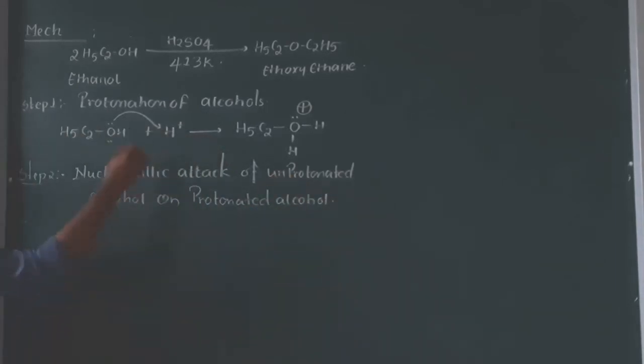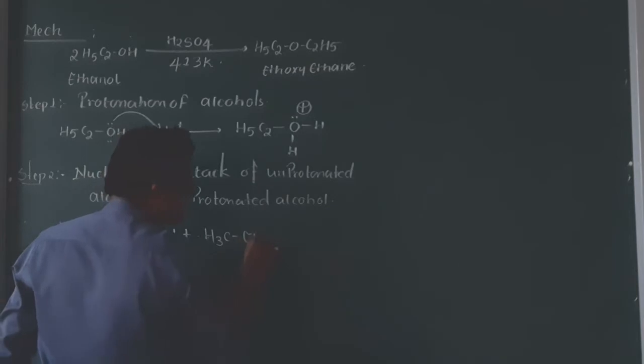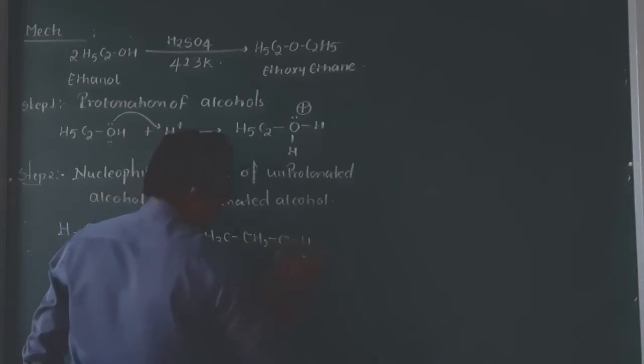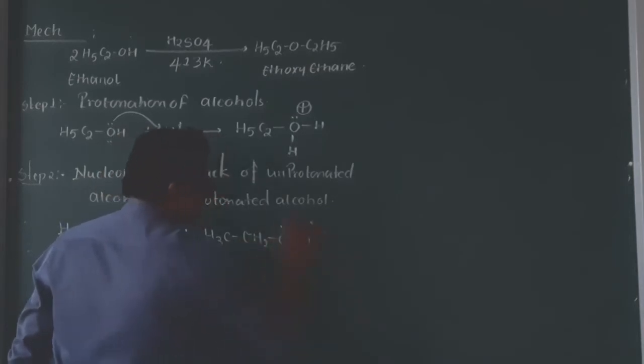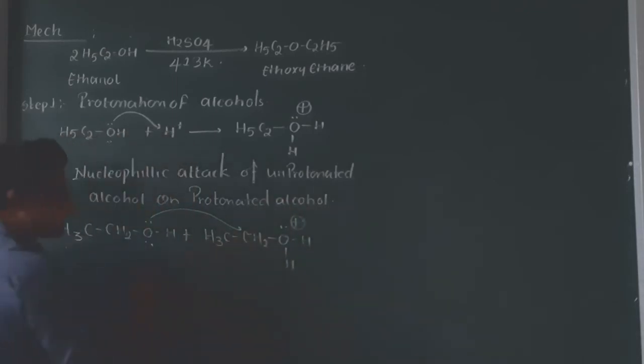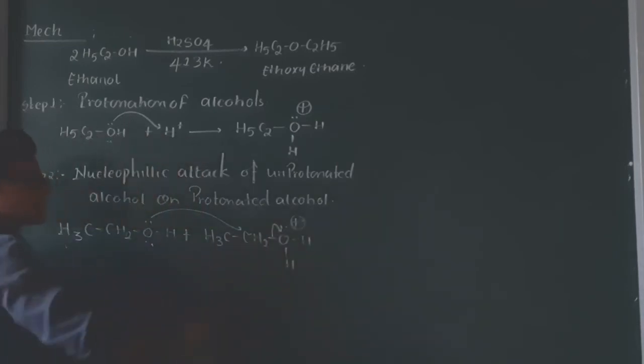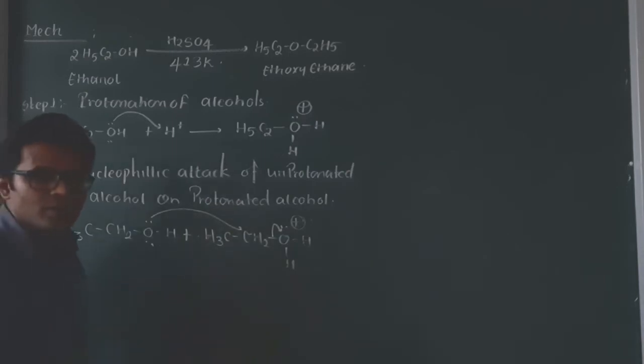Okay, so what we are going to get over here is, let us take CH3CH2OH, this is an unprotonated alcohol, and here we have CH3CH2OH with H over here, positive charge, right? So now, this is the mode of attack: oxygen attacks the carbon, this particular bond breaks, giving out or displacing the water.